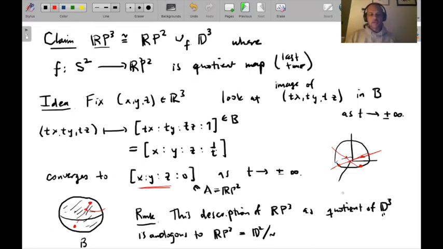This is the same thing that happens one dimension up. Okay, so I think that's all I want to say about that, at least for now.